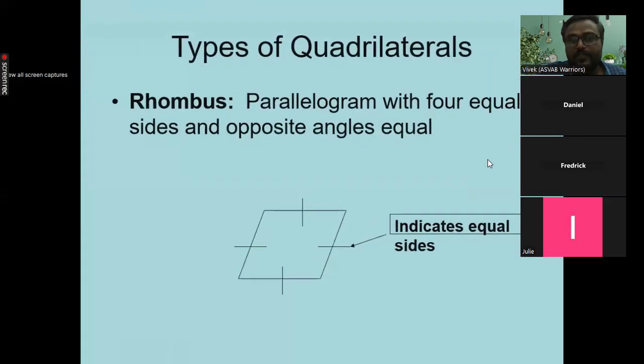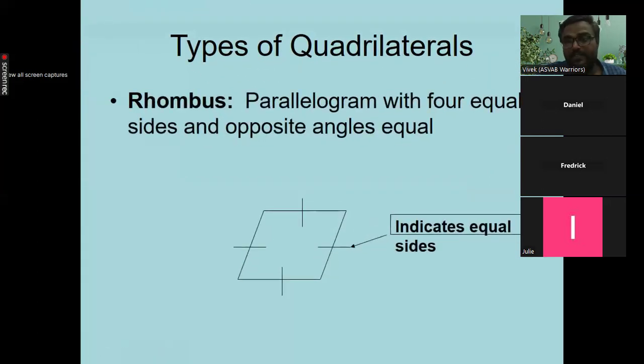quadrilateral, which is nothing but the rhombus. Remember, a rhombus has four sides equal to each other. A square also has four sides equal.